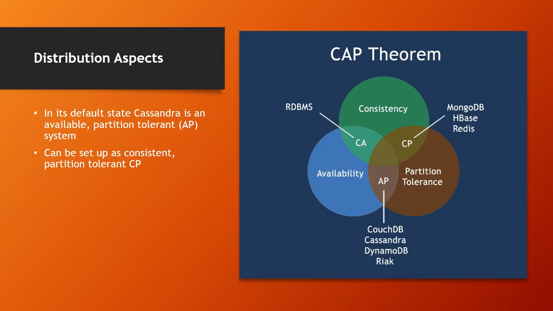But one of the many good things about Cassandra is that it can be tuned to sacrifice partition tolerance and go more in the direction of consistency. If a user's work demands it, partition tolerance can be sacrificed for consistency, and certain businesses would prefer that. So that is another big plus about Cassandra.